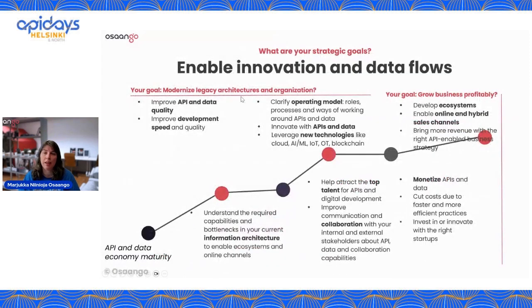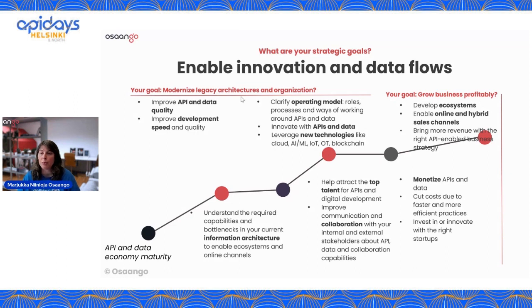Now, one thing before we jump into API products and APIOps Cycles Method is, what are we actually trying to achieve? So many times our customers and other people using the APIOps Cycles Method are actually having two sets of goals.